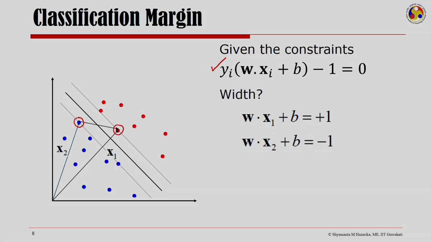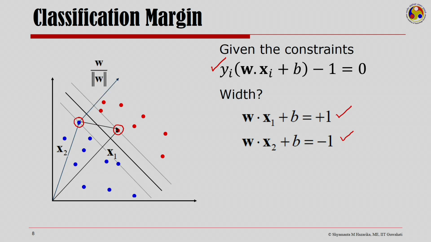So, we have w dot x1 plus b equal to +1, because of the vector x1, and w dot x2 plus b equal to -1 because of the vector x2.